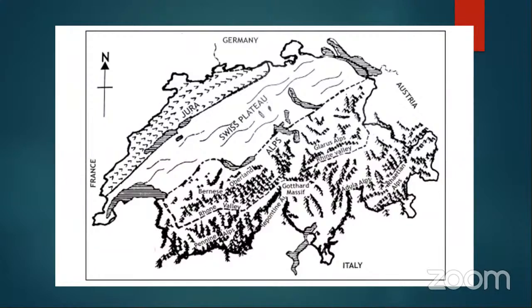The lowest part or the biggest part is called the Alps, and that part covers 60% of the total area of Switzerland. So in other words, it is the biggest part in Switzerland.